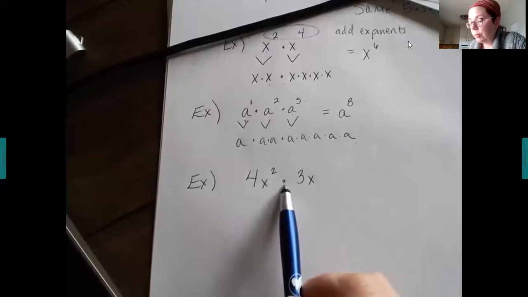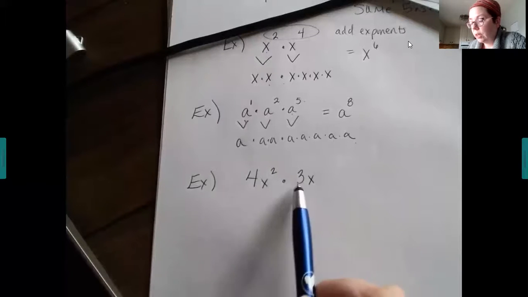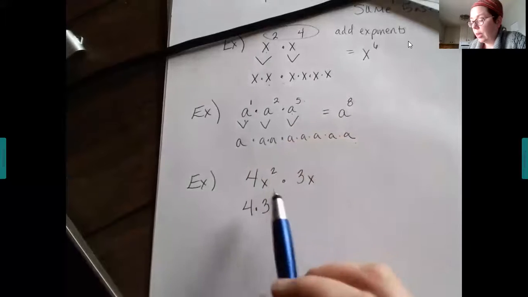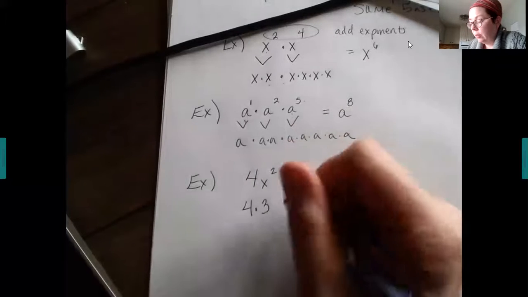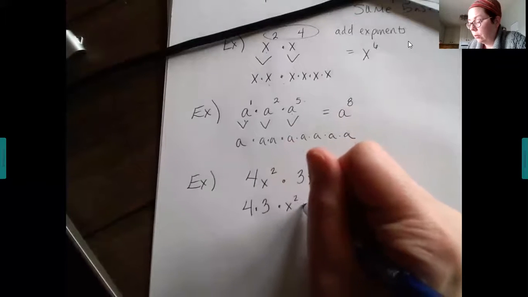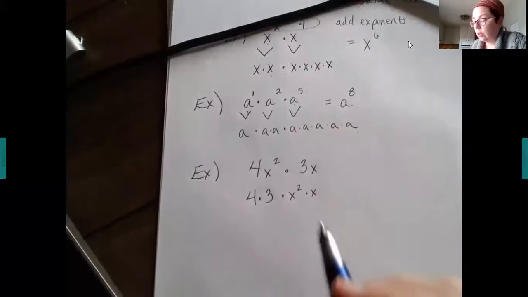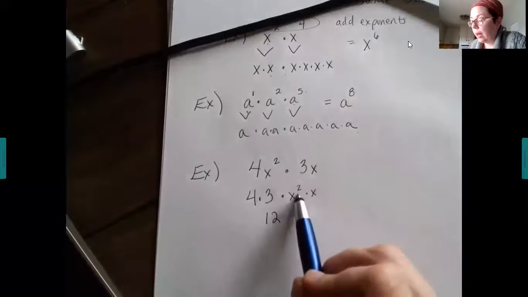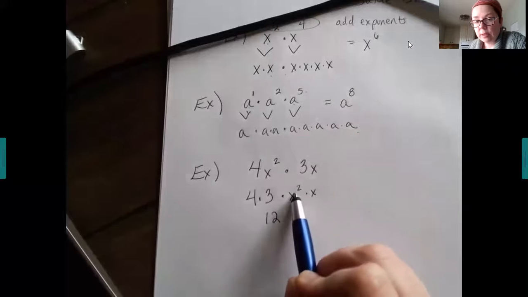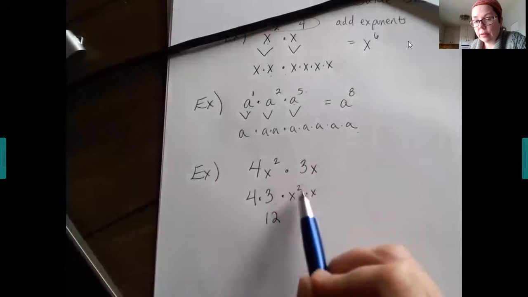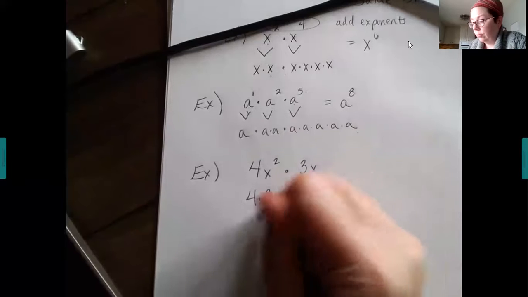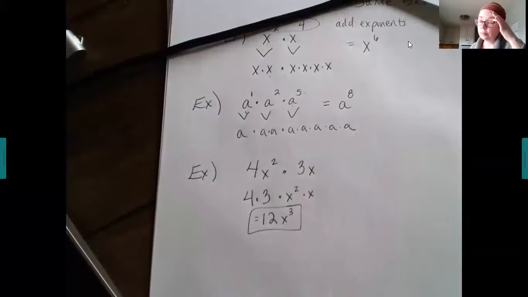This is being multiplied, so we're still going to multiply 4 times 3. And we have x squared and an x here. So 4 times 3 is 12. And then when we add our exponents, we have 2 x's here, 1 here. So all together, we have x to the third. Okay.